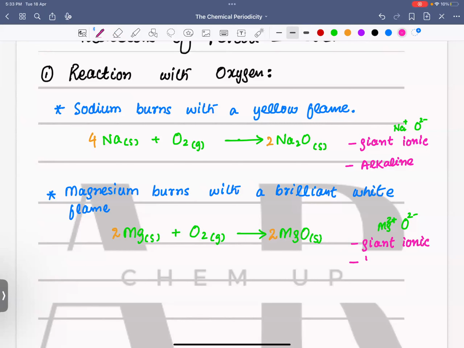And it is a base, which means it is only slightly soluble. Is this clear to everyone?